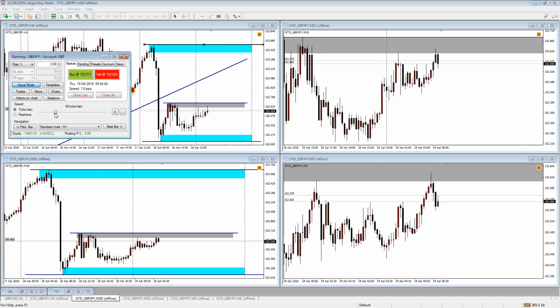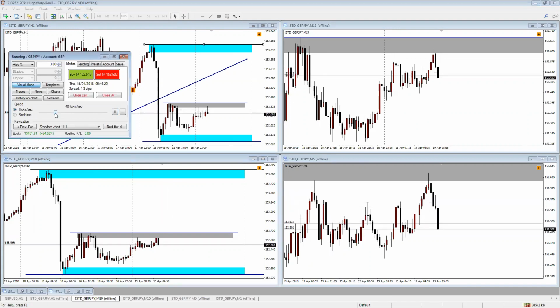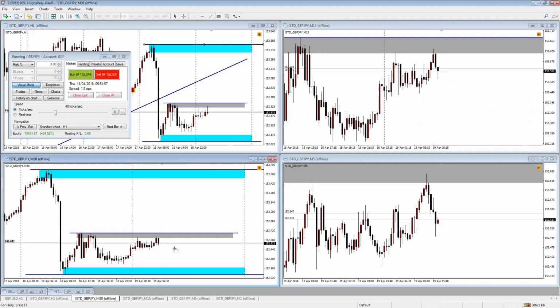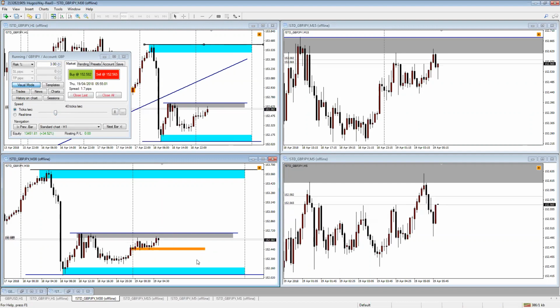One more candle. Oh, 5 minutes. Okay, if this breaks below here, it is a good confirmation for going down.